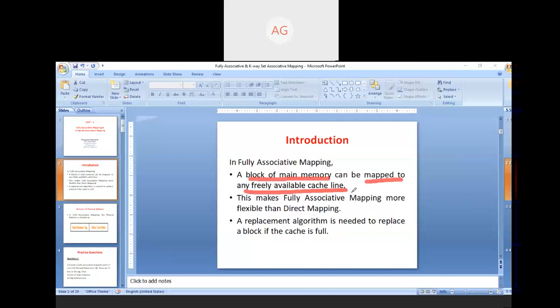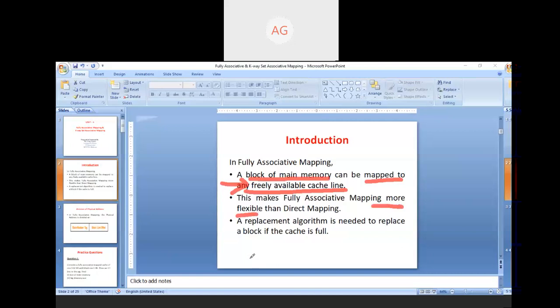This is different from direct mapping, because in direct mapping a block of main memory can be mapped to a particular block in the cache memory, whereas in fully associative mapping it can map to any freely available cache line in the cache memory. So this makes the fully associative mapping more flexible than the direct mapping.